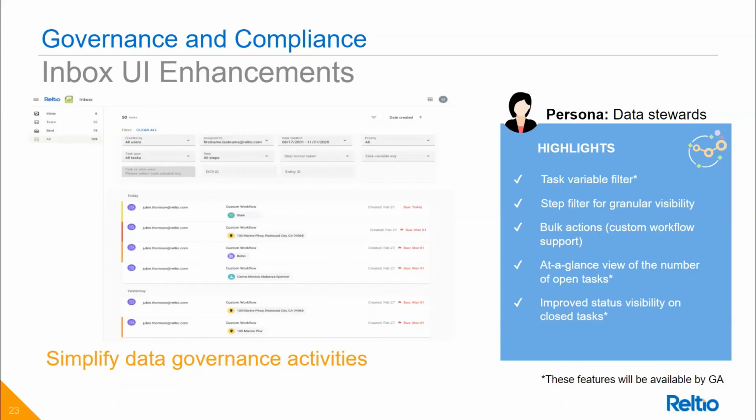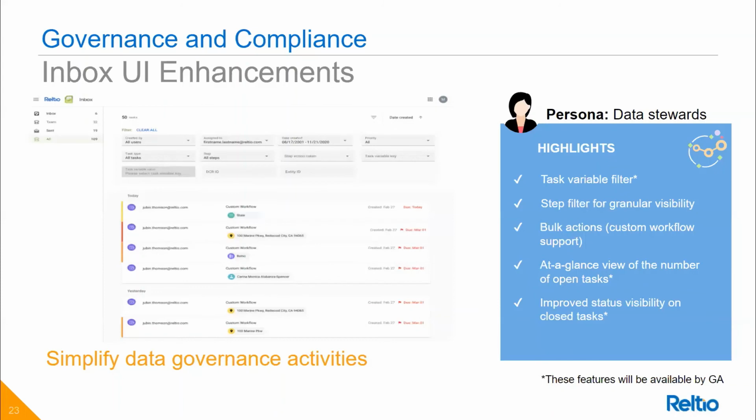This will be particularly useful for those of you who have workflows with a multi-level review process. With this filter, your users can filter for workflows which are at a particular step of the process. We believe this would be useful for administrators to figure out where a workflow is at any point in time. And if it is stuck with one data steward, they can use this filter to identify those and reassign to a different set of data stewards.